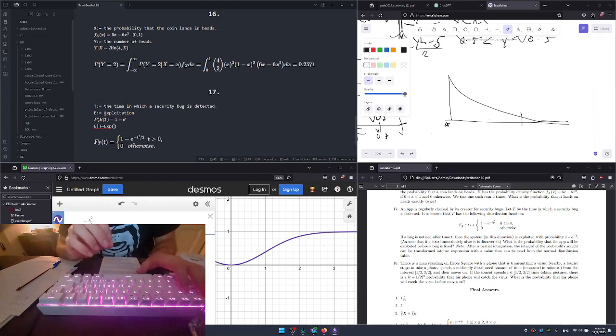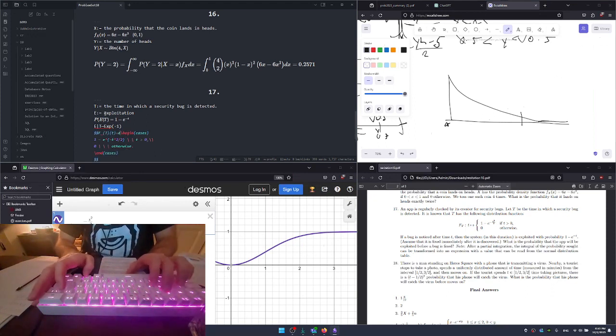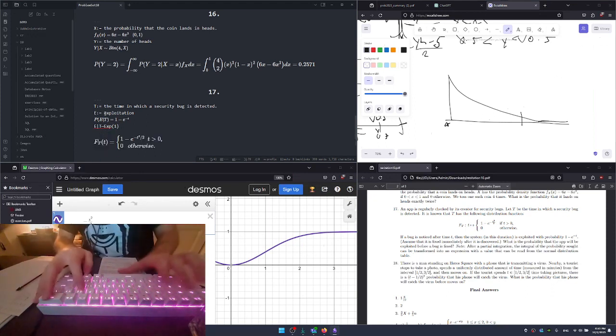What is lambda? It's minus t, so lambda is just 1. So it's just an exponential of 1, right?